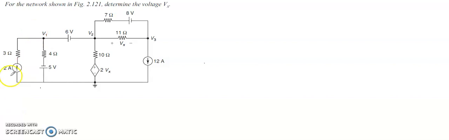So here the question is, for the network shown in the figure, determine the voltage Vx. What is Vx? Vx is equal to V2 minus V3.